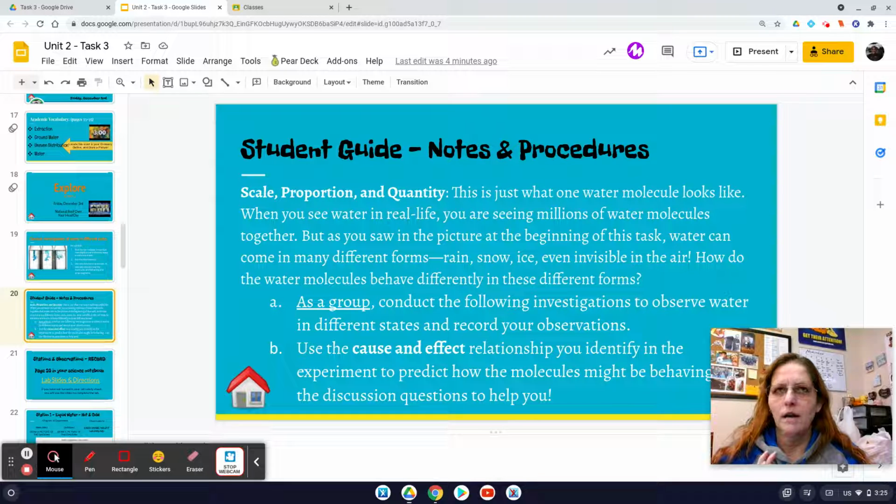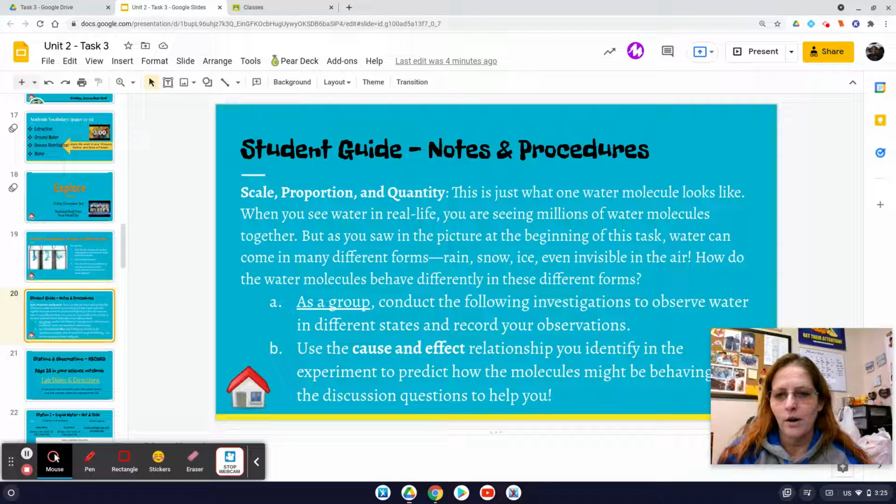You're really focusing on how you think the water molecules behave. Remember we made that Starburst water molecule yesterday, and that's just a teeny tiny scale model. In one glass of water, there are millions of water molecules.